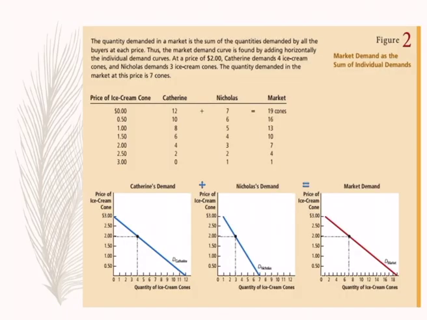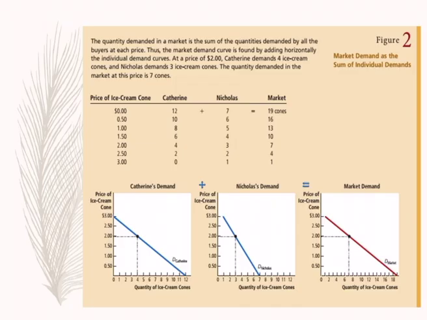Here, if you see individuals combined, like Catherine and Nicholas, the two put together make the market. In the graphical representation, the quantity demanded in the market is the sum of the quantity demanded by all the buyers at each price.